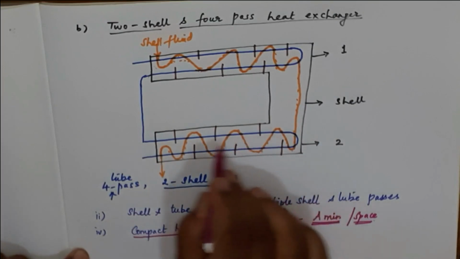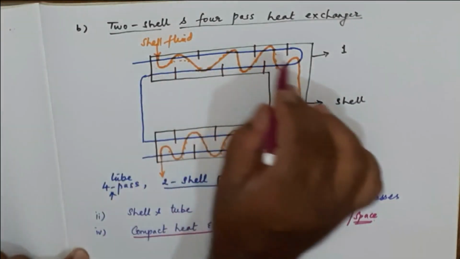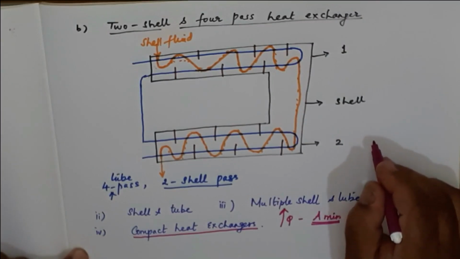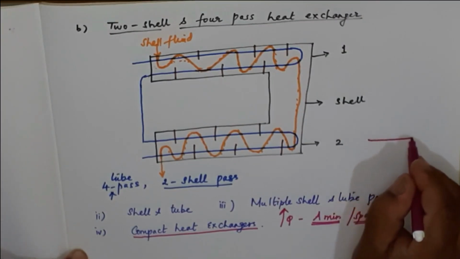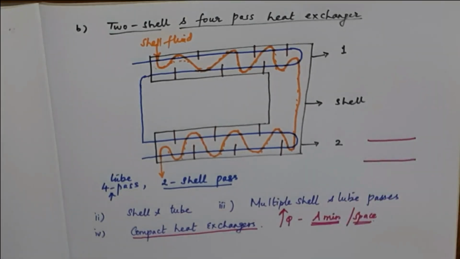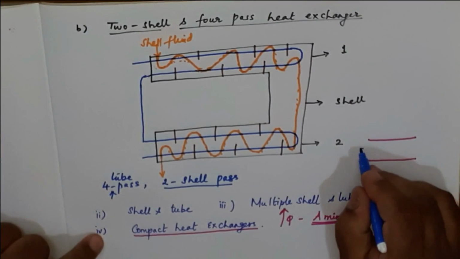It is the area of the tubes also, because the heat exchange takes place from one tube to another tube. So if I draw it here, for example, this is the outer tube, and here you have one more fluid that passes through the inner tube.